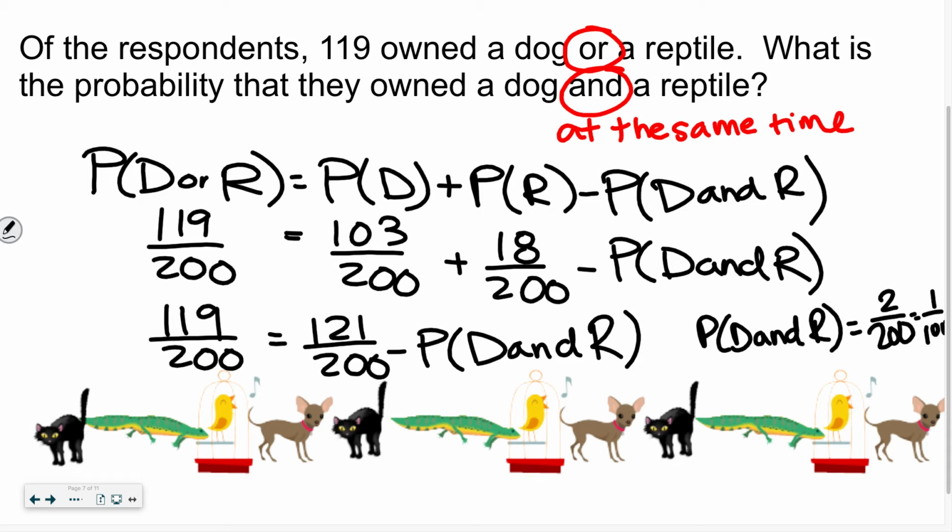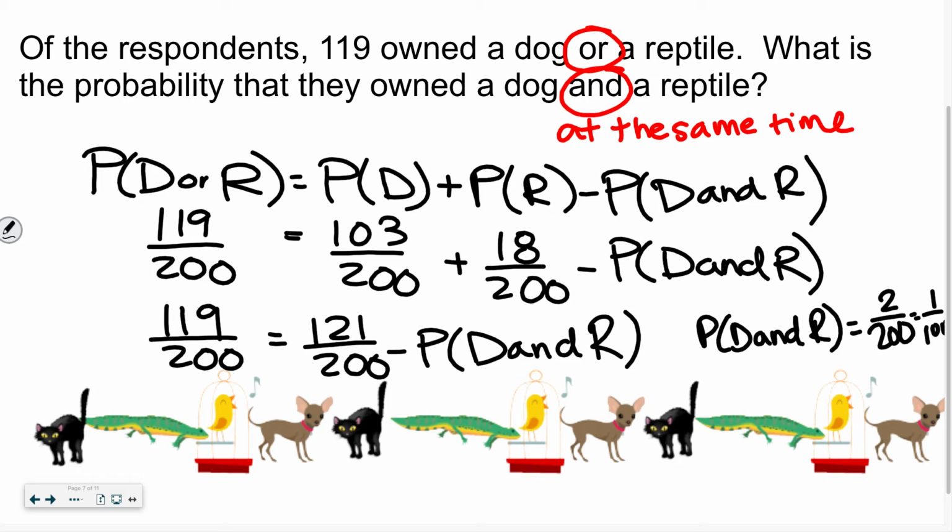You could go further with algebraic solving. You could subtract 121 over 200 to the other side. That would give me negative 2 over 200 equals the negative probability, and then divide by negative 1, and I would get positive 2 over 200. But I'm guessing most of you, because you have common denominators right here, can figure out what the probability had to be to go from 121 to 119.